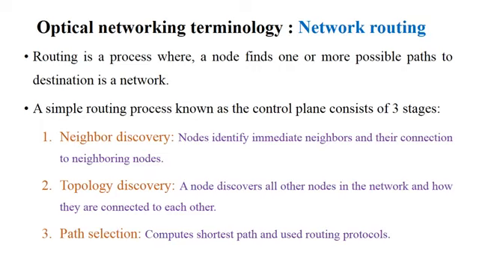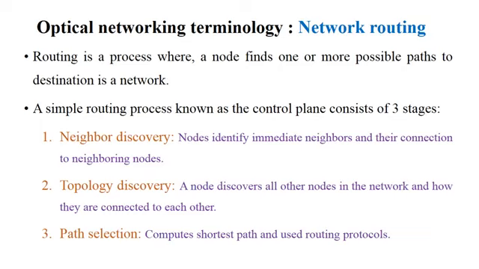Now a simple routing process, known as the control plane, consists of three stages. One is neighborhood discovery. The nodes identify the immediate neighbors and their connection to the neighboring nodes. Second one, topology discovery. A node discovers all other nodes in the network and how they are connected to each other.